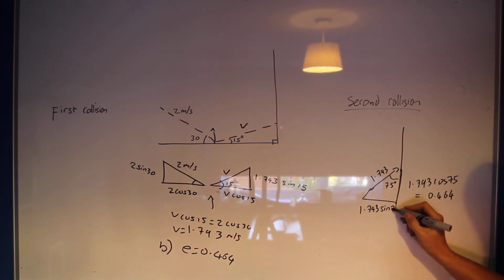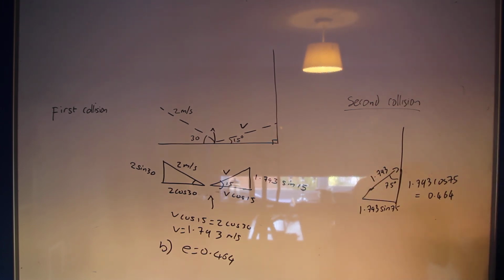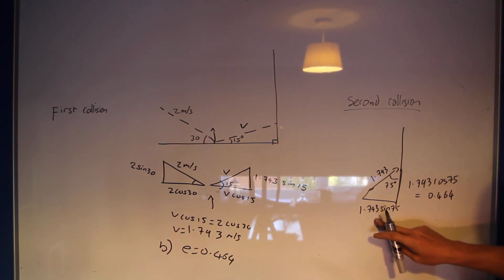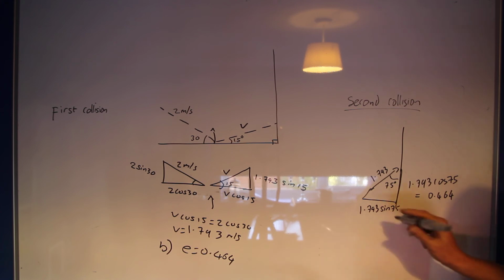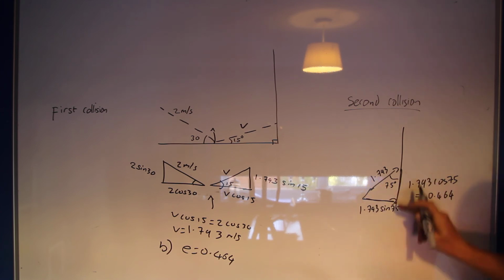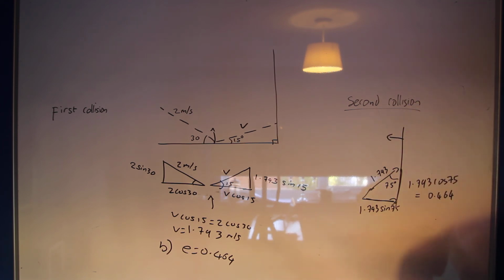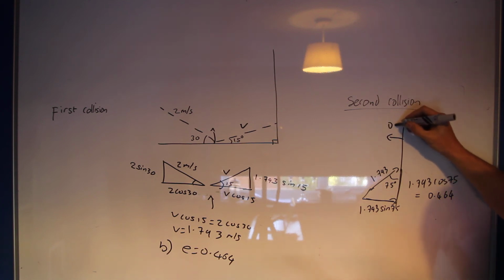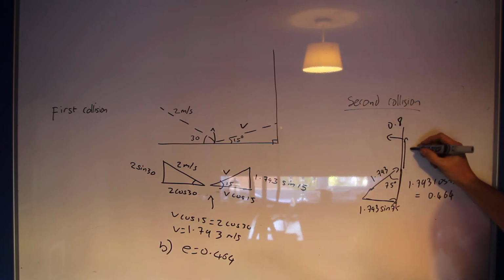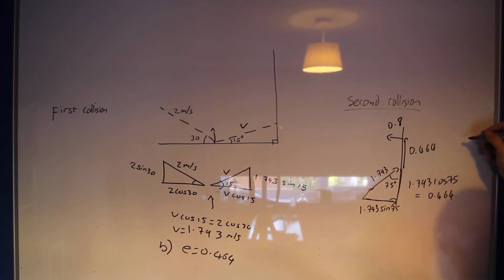And then we have this component here, which is going to be 1.793 sine 75. Now that's the part, incidentally, that is affected by E, because it's the motion in that direction. To work out what the equivalent motion is on the other side, you would take this times E, so that's going to be times 0.464. So that's going to be 0.8. Whereas that component stays the same, that's 0.464. And then all we have to do is apply Pythagoras' theorem and trigonometry.